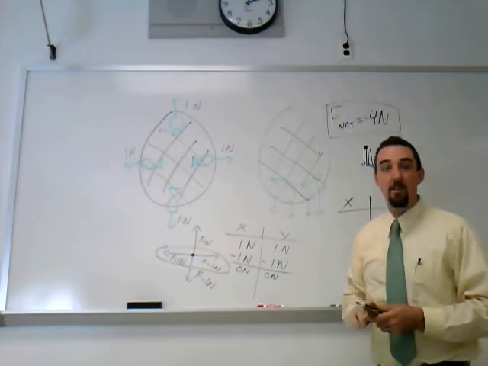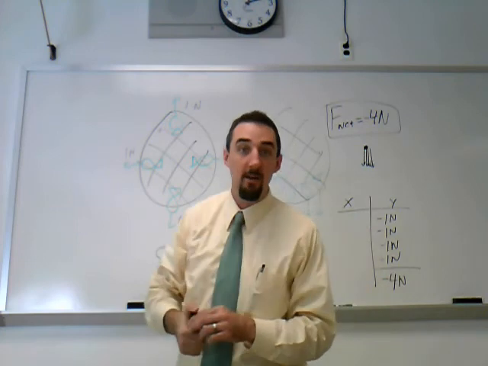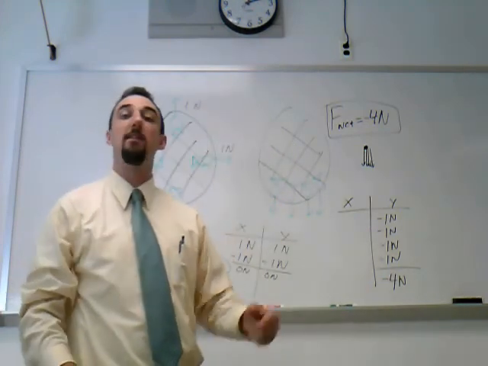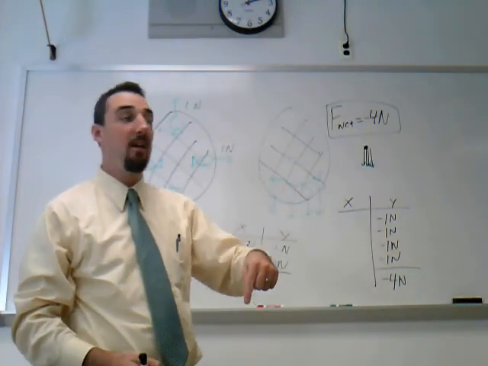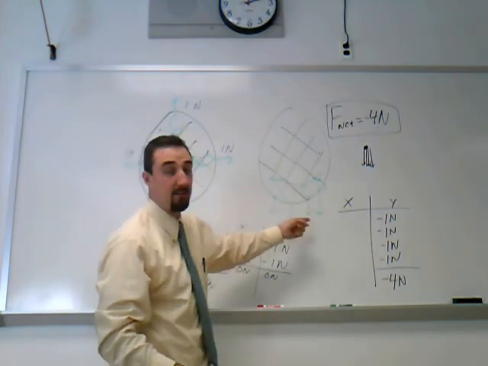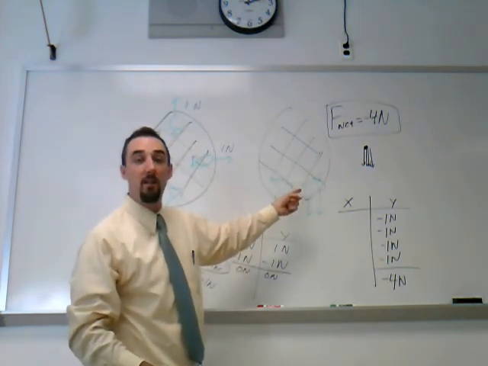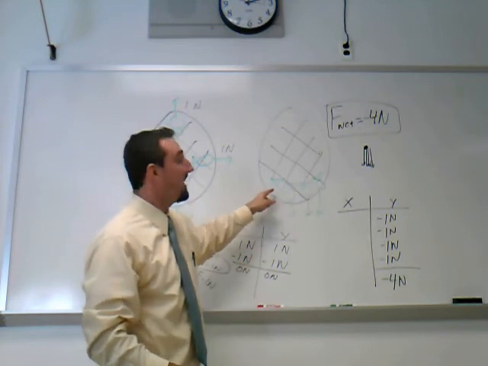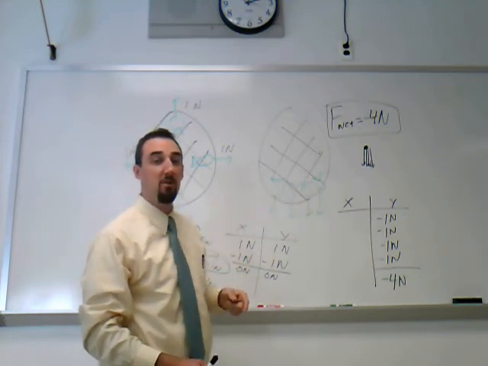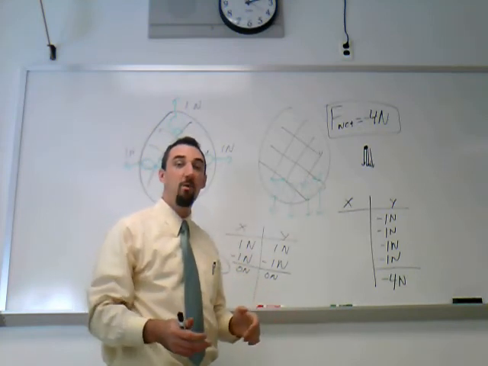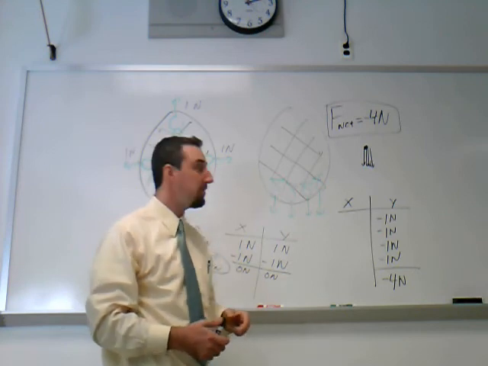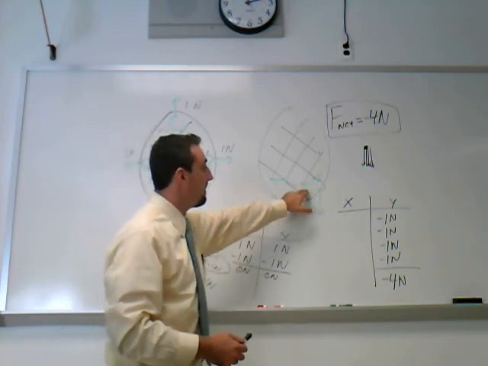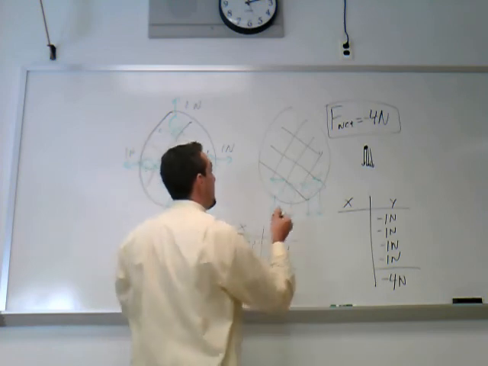Since there is a force acting on the net, it does accelerate, and in this case it accelerates down. In fact, if we knew how much mass was in this net, we could tell you how much. Let's say each one of these fish is 2 kilograms. That's about 4.4 pounds, so they're big fish. If we had 4 of them, we'd have 8 kilograms of mass.